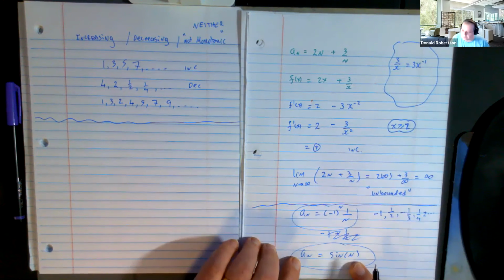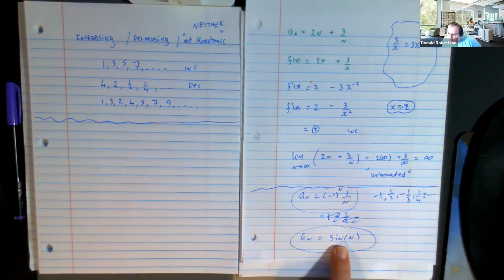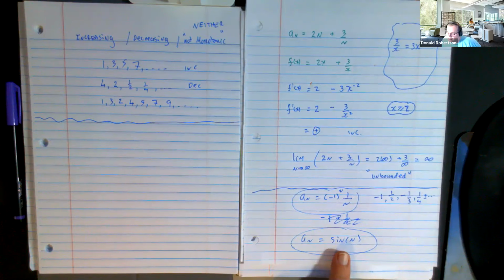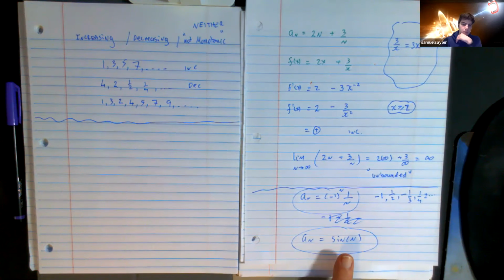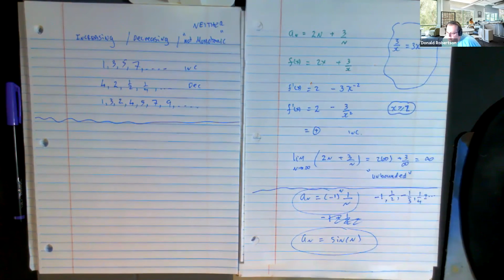Is this sequence bounded? That's a different question. It is, isn't it? What's the biggest number the sine can ever be? 1. And -1. So this is bounded. Now, I didn't do limits and I didn't do algebra or anything else. Didn't I just use mathematical knowledge or common sense that I know what a sine function can do?